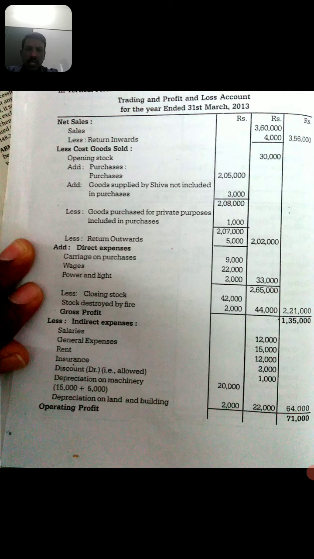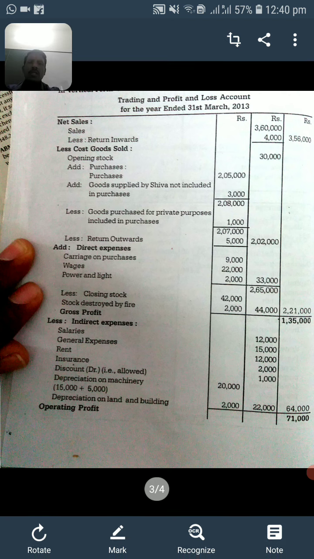2,08,000 in the inner column, less goods purchased for private purposes included in purchases. In the adjustment they were given the goods worth rupees 1,000 which is purchased for private purpose and it was not included in the purchases. So that amount of rupees 1,000 should be deducted. So 2,08,000 minus 1,000, total 2,07,000, less return outwards.